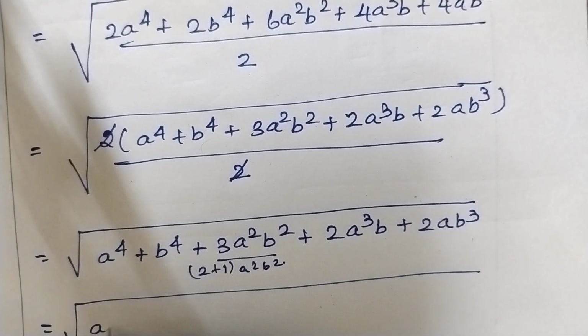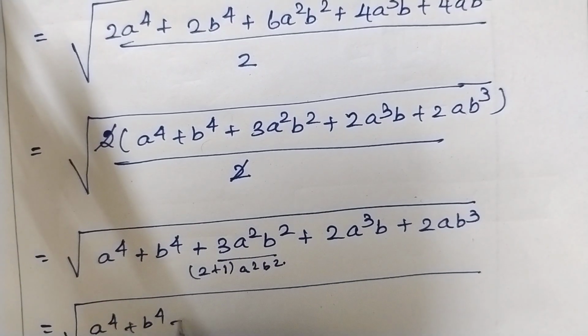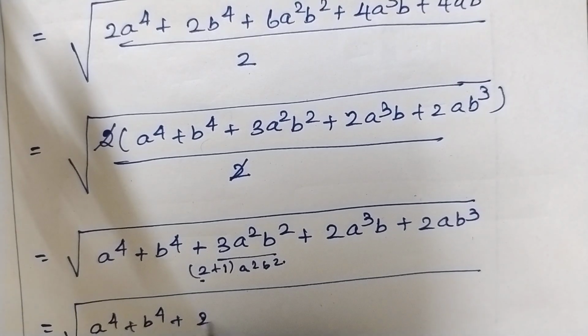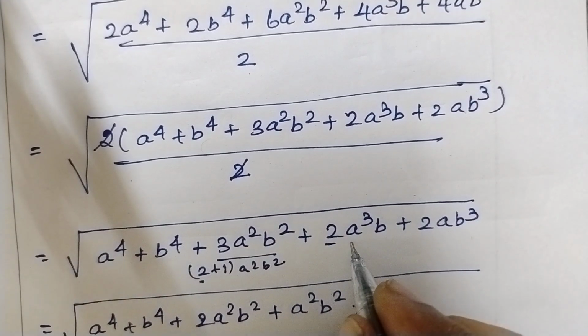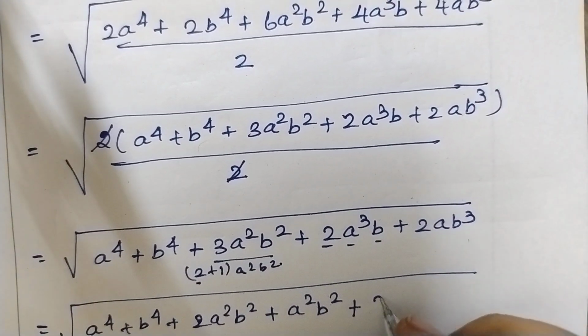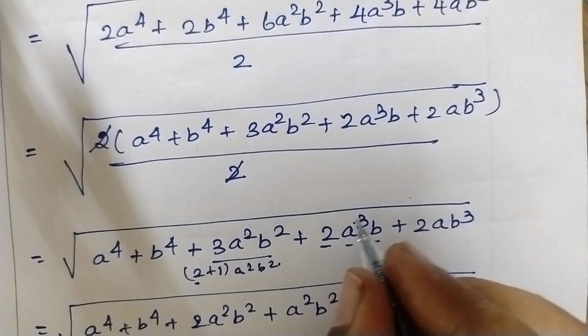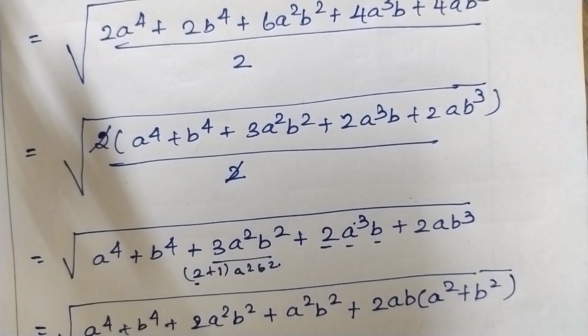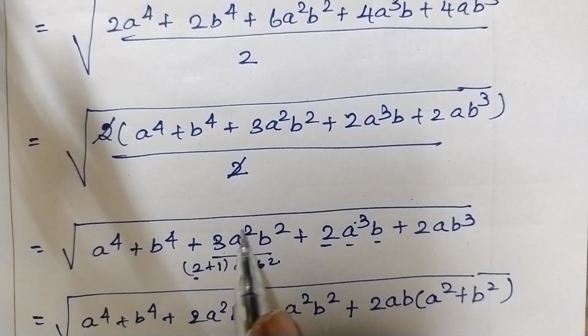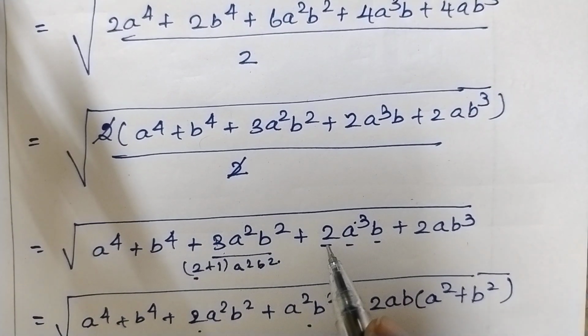Then this becomes a power 4 plus b power 4 plus 2 into a square b square plus a square b square plus 2ab, which is common, so take that out, 2ab. So remaining is a square, here b square. So here I did 2 corrections, that is I split this term and wrote it like this, and I took 2ab out, so remaining is a square, here remaining is b square.